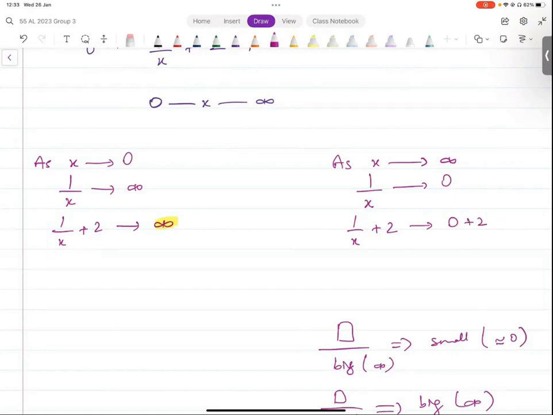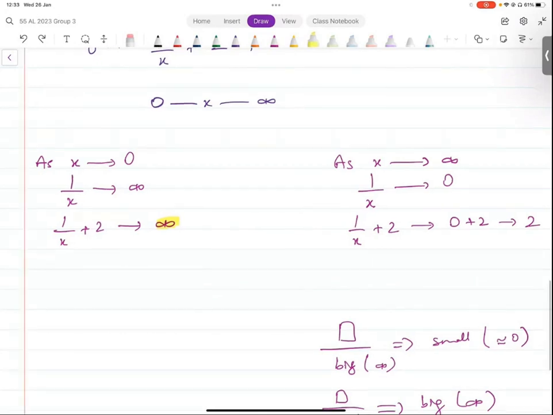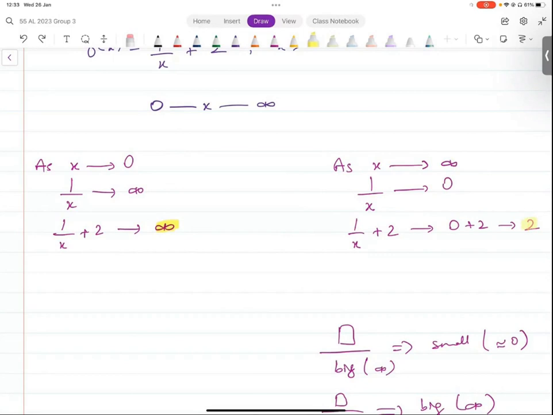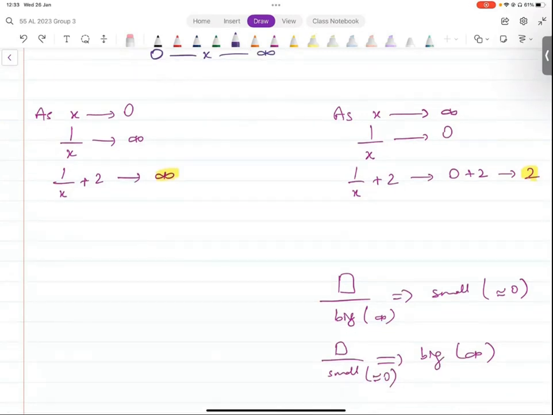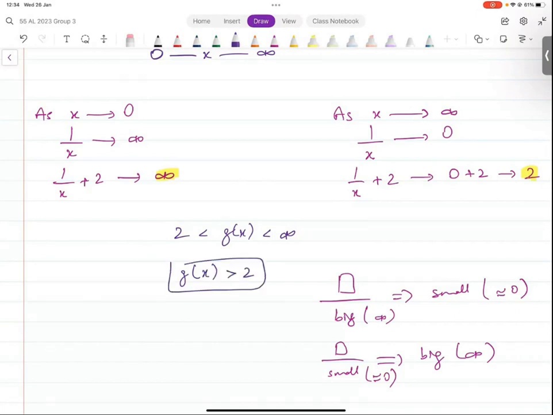It's 0 plus 2, and that's 2. आपके पास दो लिमिट्स आ गई, एक आपके पास आ गया 2 और एक आपके पास आ गया इन्फिनिटी. ठीक है, तो यू हैव टू बी बिटवीन 2 एंड इन्फिनिटी. 2 और इन्फिनिटी के दरमियान में होगा वो फंक्शन ऑन द वाई एक्सिस. आप इसको इस तरह लिख सकते हो, between 2 and infinity, or you can just simply say g of x is greater than 2. That's the range.